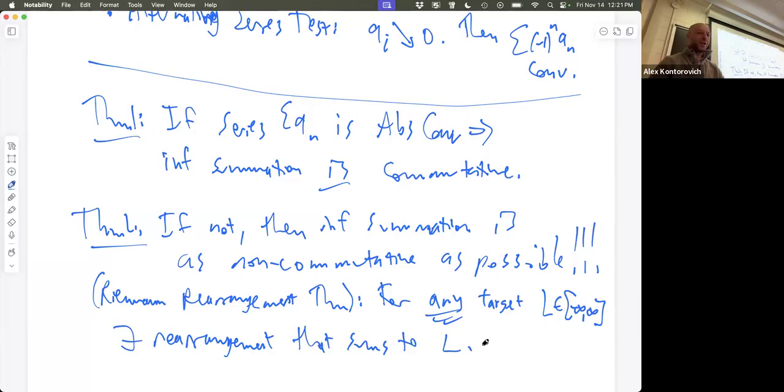If you have a sequence that's only conditionally convergent, not absolutely convergent, but convergent. It has to be convergent, or else you don't have anywhere to start. If the sequence itself converges, but not the absolute value, then you can change the order of which term goes where, so that your sum goes off to infinity.